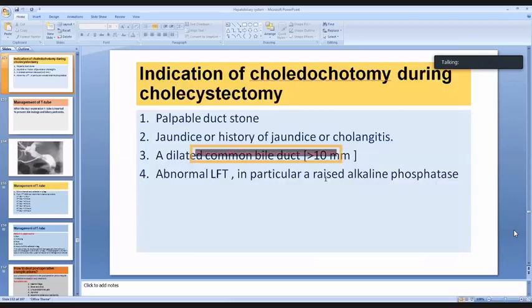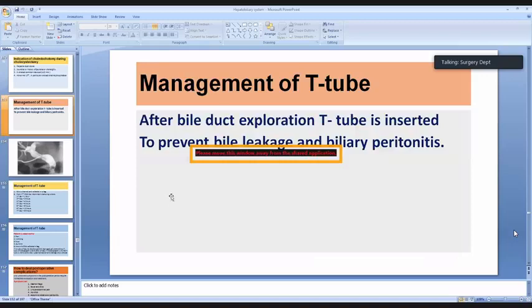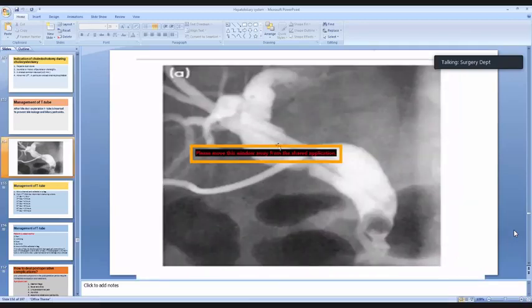That is, এটা in general, এটা চিন্তা করো, এটা দেখলে this is the T-tube and this is the bile duct. So after exploration of the bile duct, suppose taking of the stone, it is not simply closed. Rather, we introduce a T-tube, T-shaped tube. A short arm is within the bile duct, long arm is taken out through a stab wound in the abdomen. This is called T-tube.